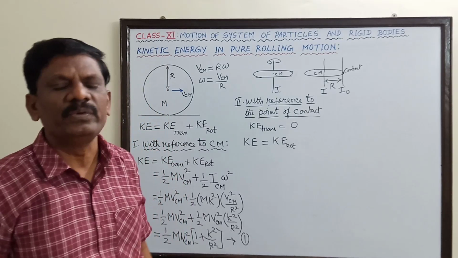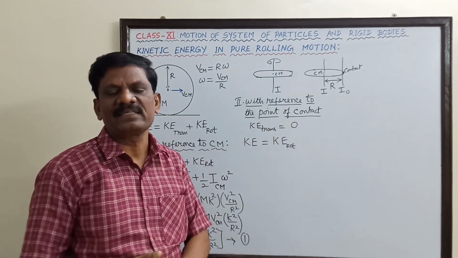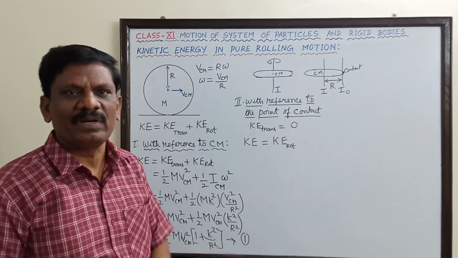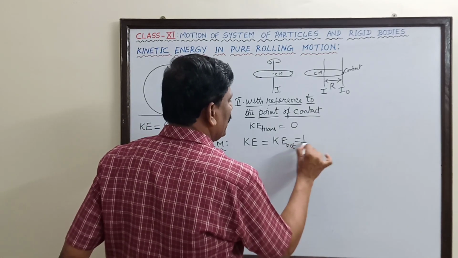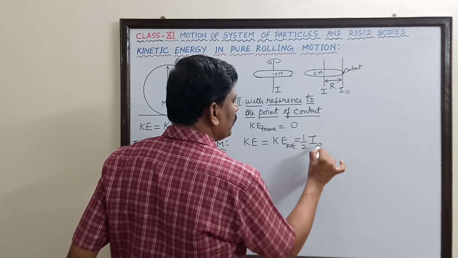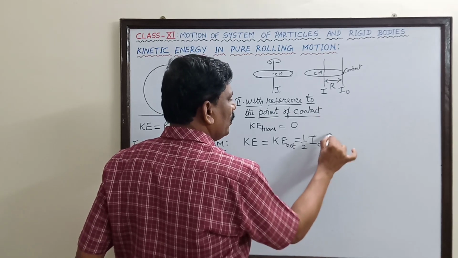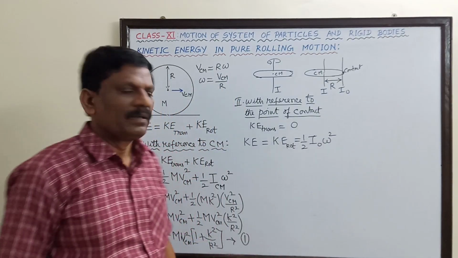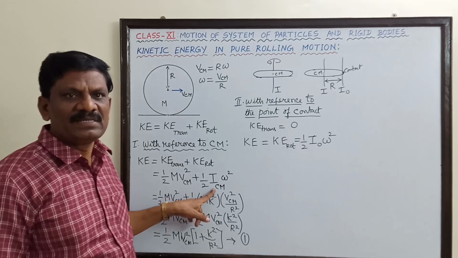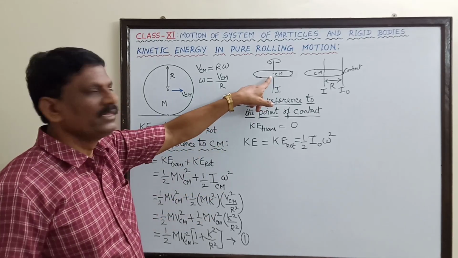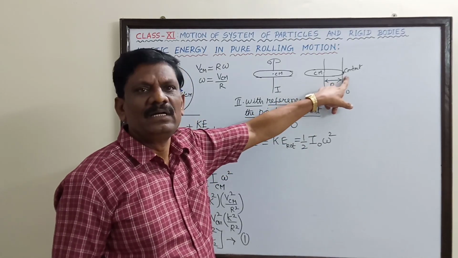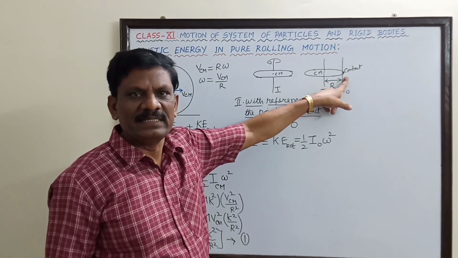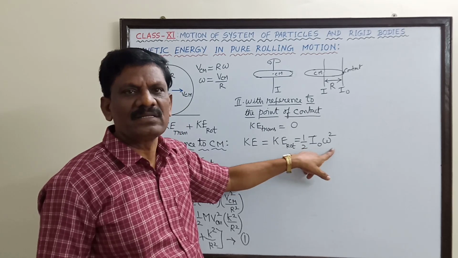Now we are going to use the parallel axis theorem. Very simple. So this is now equal to half into I0 into omega square. Previously we used I center of mass, because the axis was passing through the center of mass. This time the axis is passing through the point of contact, so I0 into omega square.